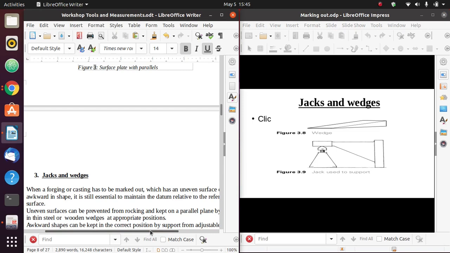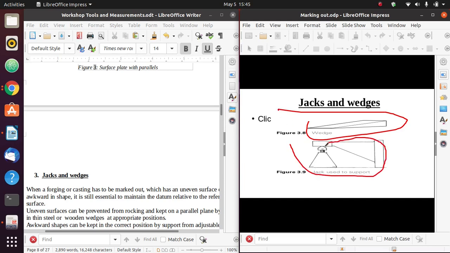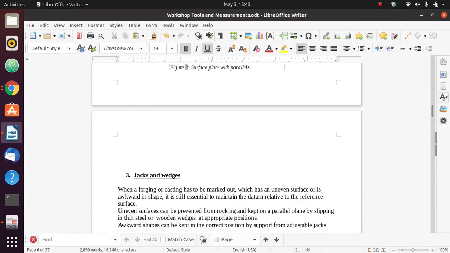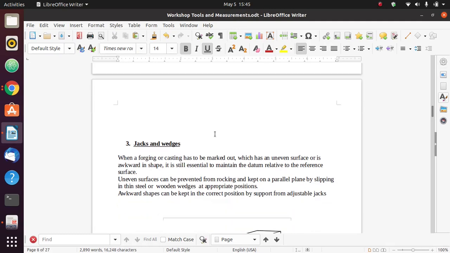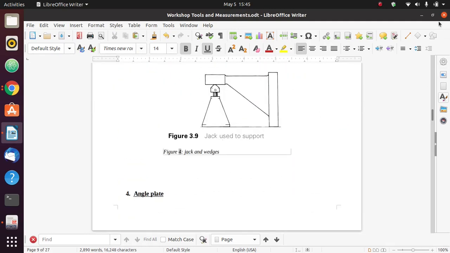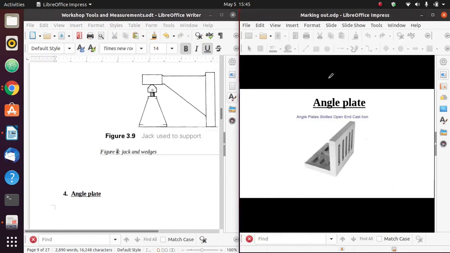So you can prevent it from rocking to and fro, and keep it parallel to that surface, the surface table, by using a wedge, or I can use a jack, depending on how irregular the surface is. Now, I think that's enough with that.